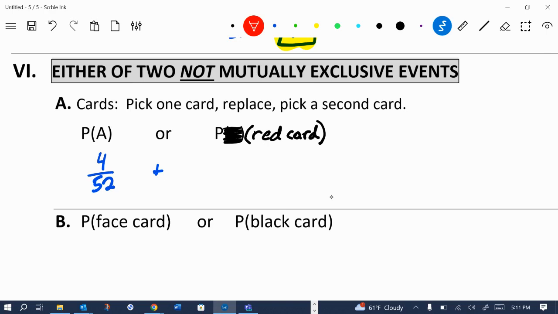Now, red cards are the hearts and the diamonds. Okay? So that means that between hearts and diamonds, that's half the deck. So the probability that we would get a red card would be 26 out of 52, because there's 13 hearts and 13 diamonds. But here is the problem that we have. The 4 aces, one of them is a club. I forget how to draw club well, so let's do CL for club.